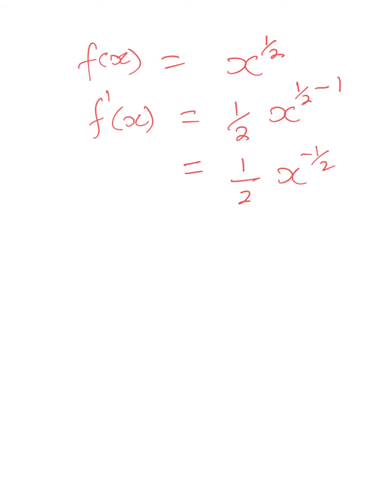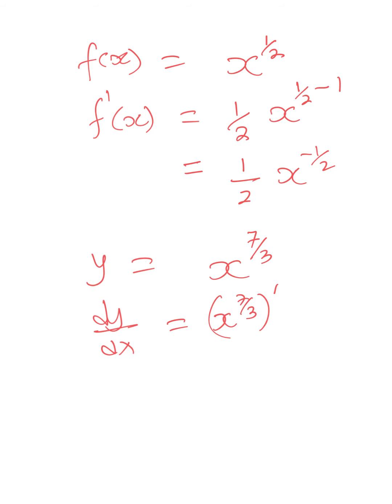If I have y is x to the power, let me say, 7 over 3, then dy/dx, which is the derivative, you can write this as x to 7 over 3 to show you're going to differentiate this, and then you get 7 over 3 x to the power 7 over 3 minus a 1.